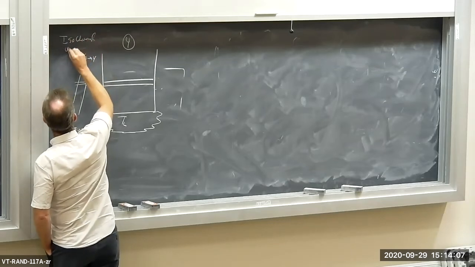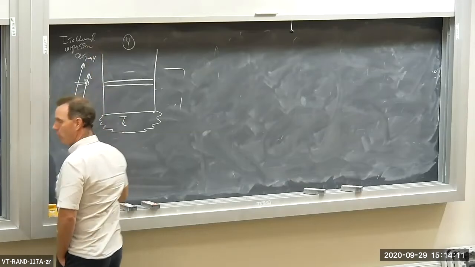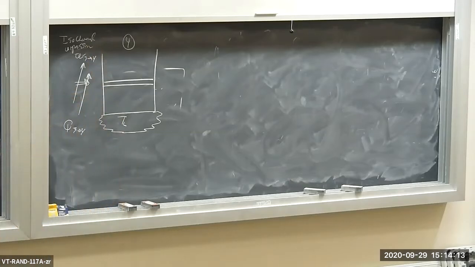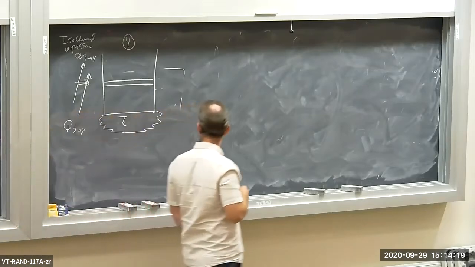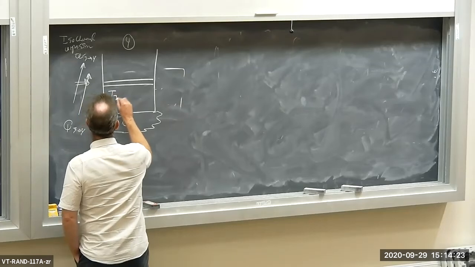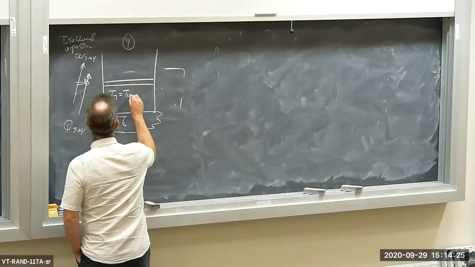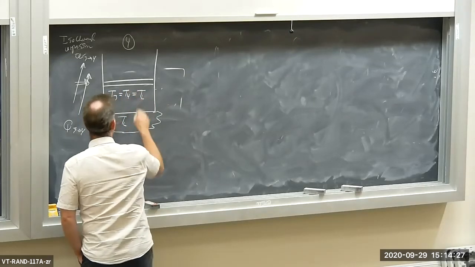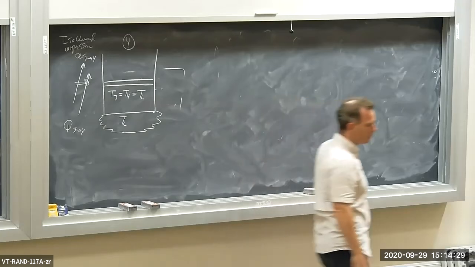Isothermal compression from 3 to 4. So our temperature T3 is equal to T4, which is equal to the low temperature reservoir temperature.